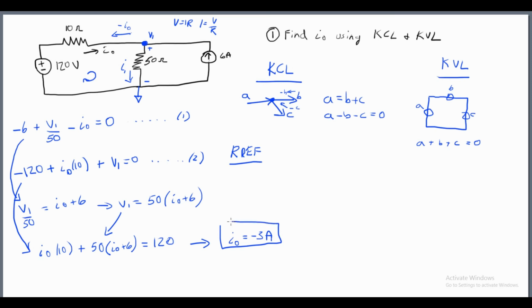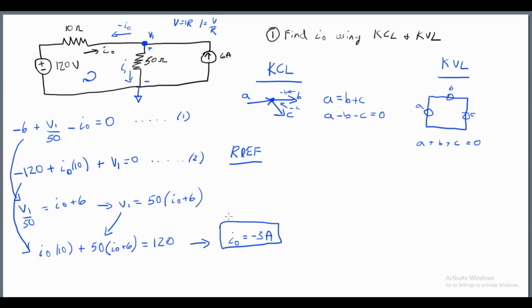Using KVL and KCL is something that is going to be built on in future lessons and future circuits sections. For example, nodal analysis uses KCL. Mesh analysis uses KVL.